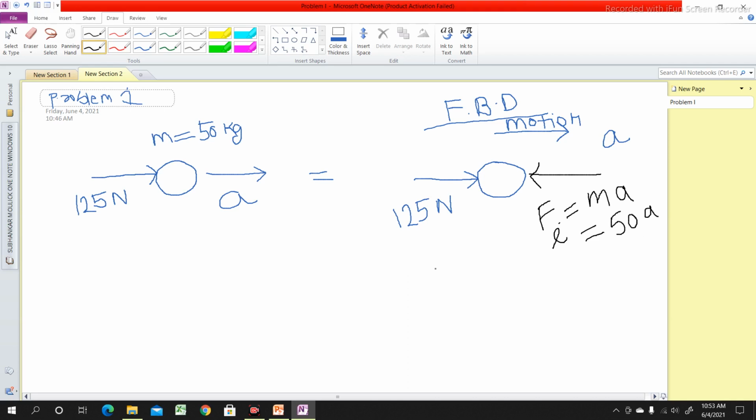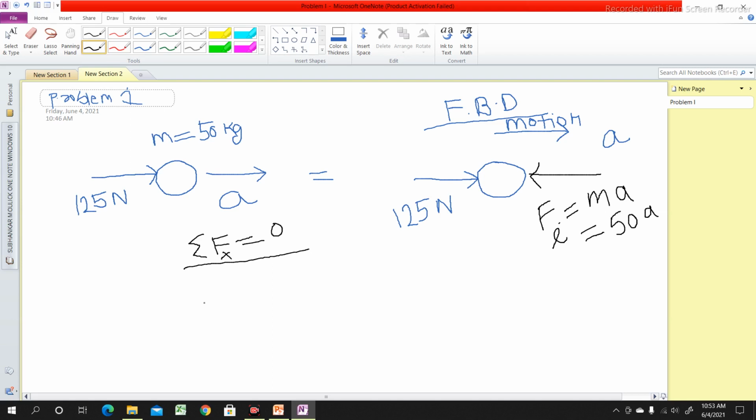Now let us write down the force equilibrium equation for this body. That is summation of F is equal to 0. Here I can see that in this body forces are acting along x direction only. So we will write summation of Fx is equal to 0.